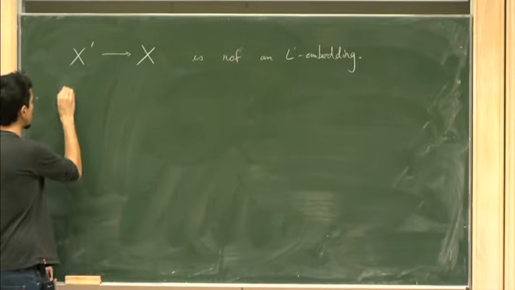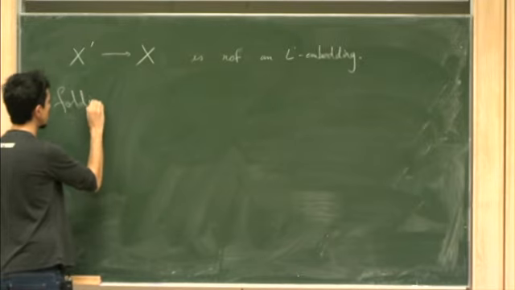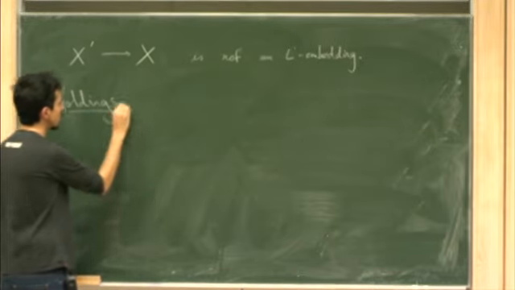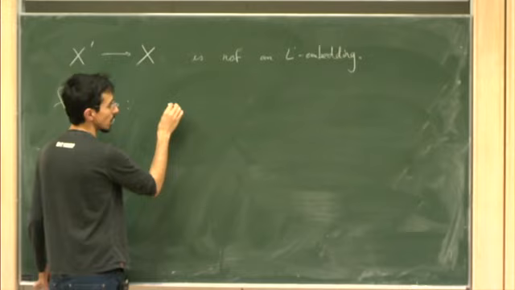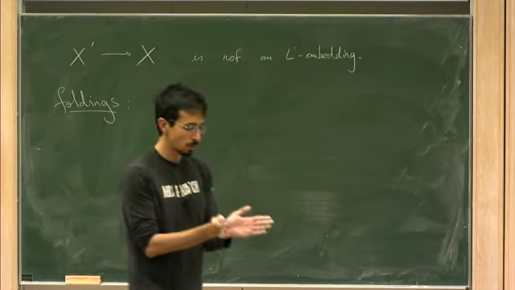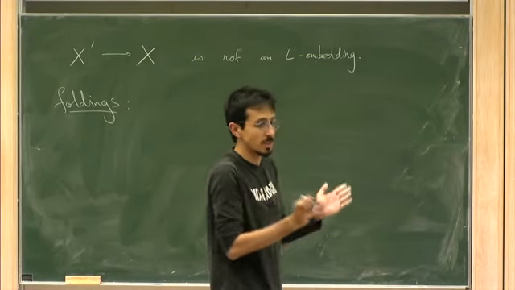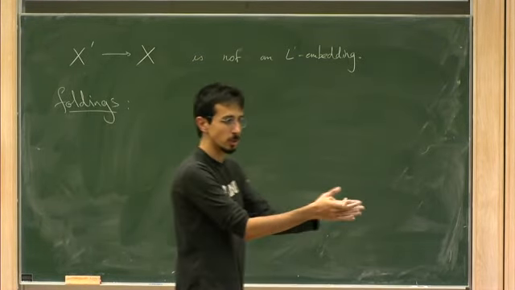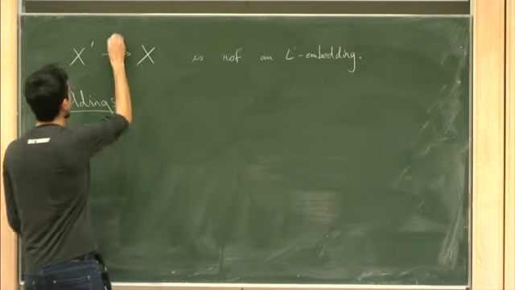So what we do is foldings. Those are quotients that are given by identifying two adjacent as possible hyperplanes which are being identified. So let's call it F, for example.